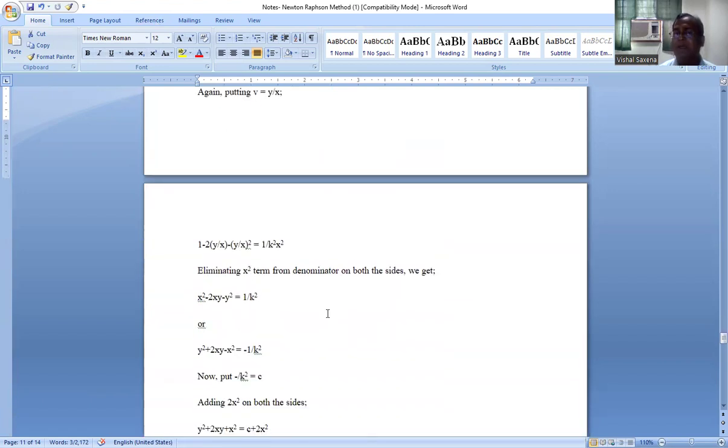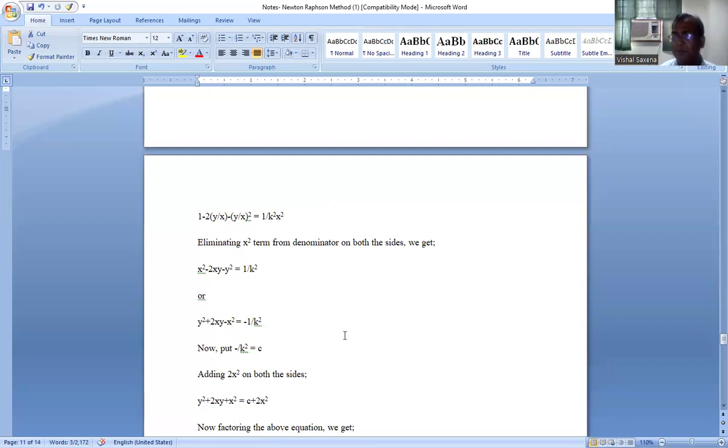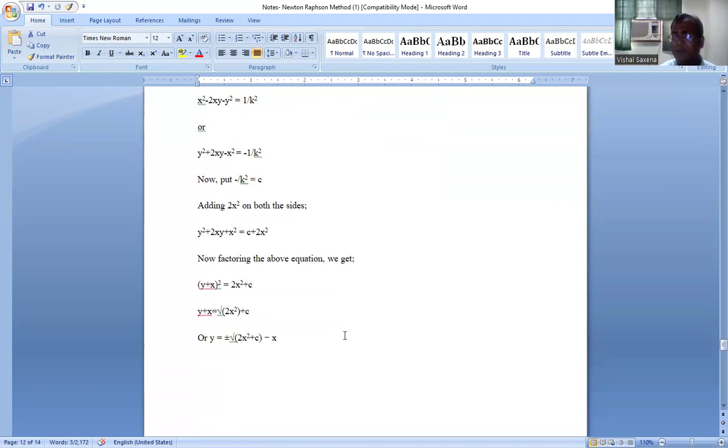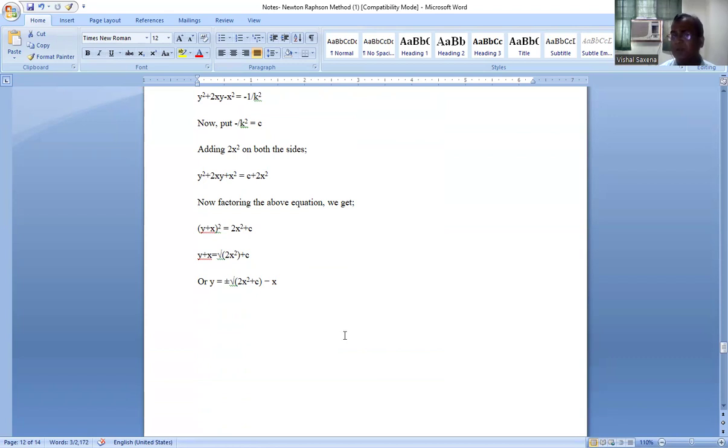And then at the last, we have to replace our assumption, v is replaced by y by x, and then we have to simplify it. V is replaced by y upon x, and then we will get the solution as y is equal to plus minus root over 2x square plus c, minus x.